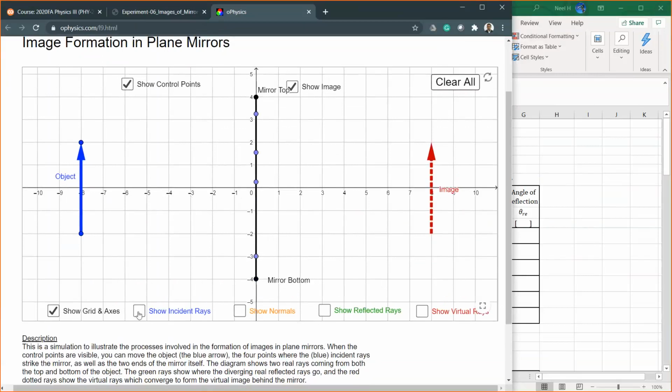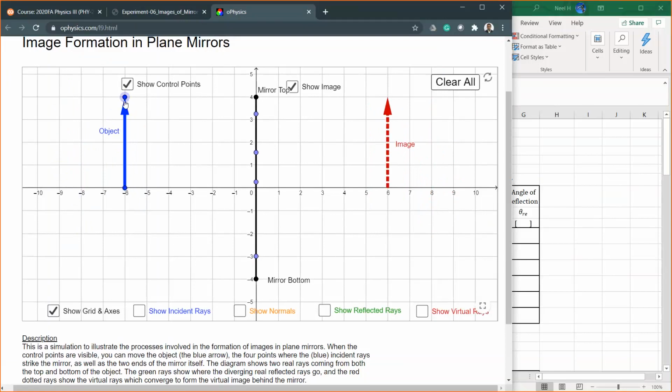And before you click show incident rays, you should click this object right here. When you bring the cursor on top of the object, you can click and drag it anywhere you like, right? So just click and drag the bottom point of the object onto this horizontal line. Now we'll consider that our principal axis.